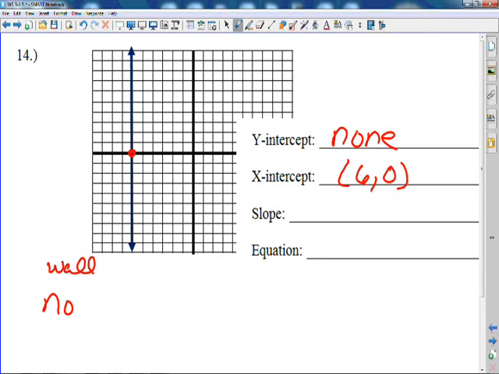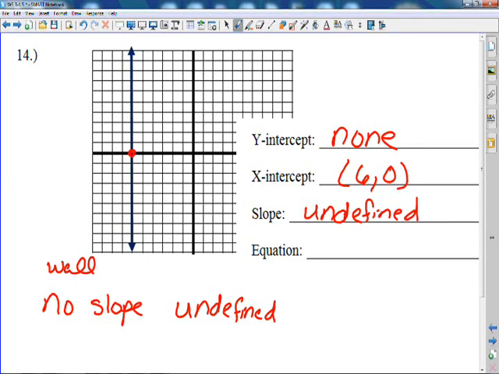No. So there's no slope. What do we use for no slope? Undefined. So when it asks us for the slope, we're going to write undefined. And remember, I can also say undefined because this can make a U. The equation, since this is the x number and it goes up and down, it's x equals 6.